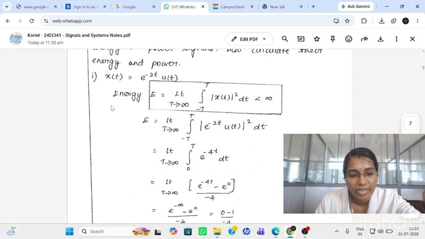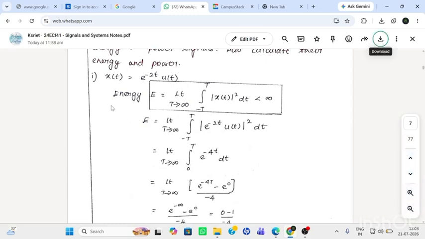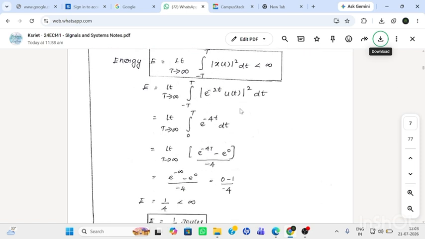So the formula for energy is E is equal to limit t tends to infinity, integral from minus T to T of x of t the whole square into dt. The given signal x of t we have to substitute in the formula, which is e power minus 2t into u of t. So the squaring of the signal becomes e power minus 4t, whereas u of t is a unit step signal.